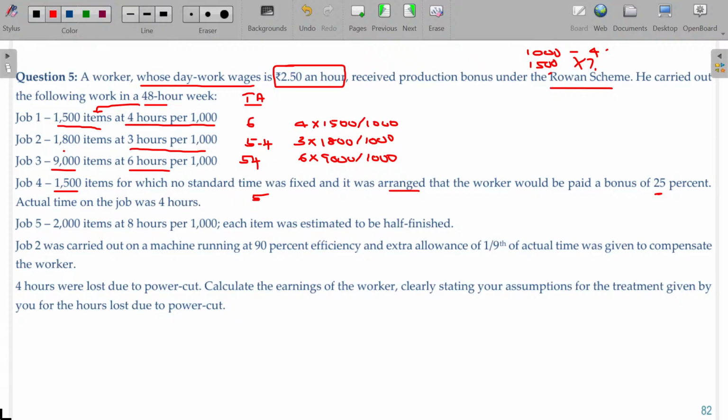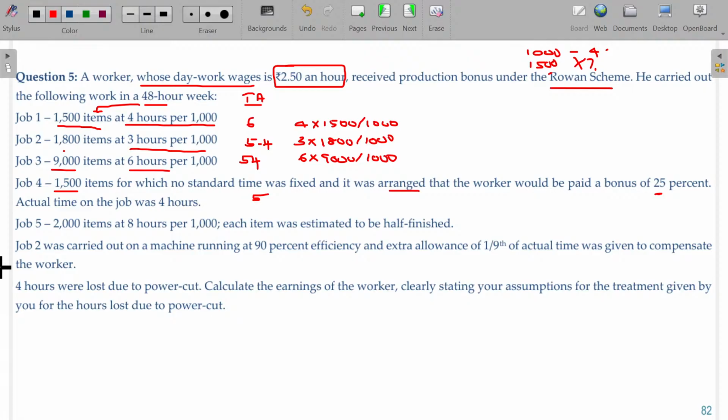For job number 4, standard time cannot be fixed, it is unmeasurable, indirect. In case of indirect, we cannot measure the standard time. So whatever time he has taken on the job, 25% is added as an incentive, in an ad hoc manner. So 4 into 25%, 1 will be added, 4 plus 1, 5.